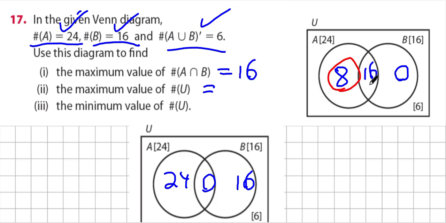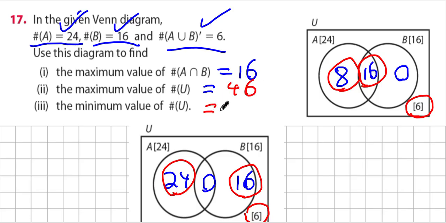So as an example, add the 3 of those numbers for the U value of that one, and add these 3 numbers for the U value of this one. What do we think the answer is? I think the answer is 46, is it? 24 plus 16 plus 6. And the smallest value of U? 8 plus 16 plus 6? 30. Okay.